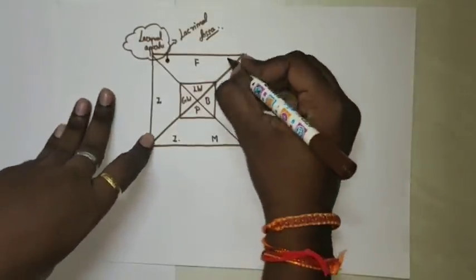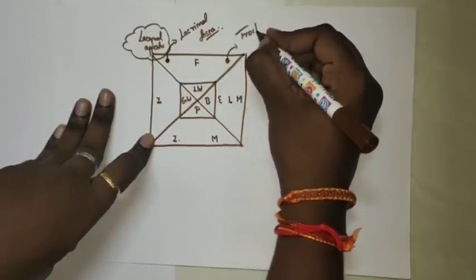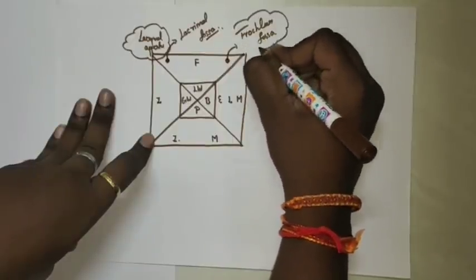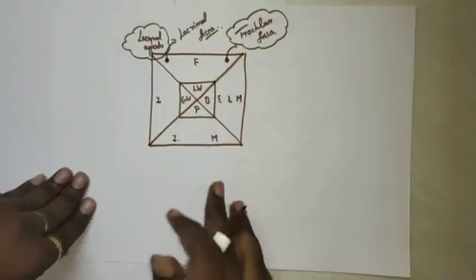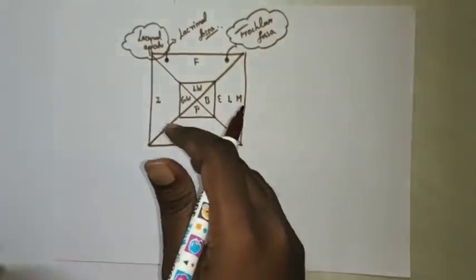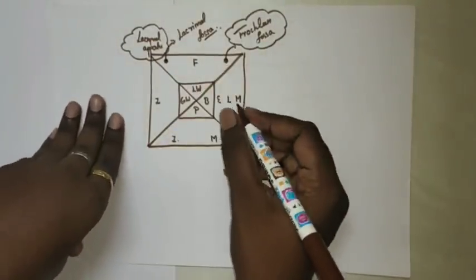And on the other side we have trochlear fossa. This helps in the attachment of trochlear ligament, through which the superior oblique muscle gains its course. We'll discuss that later.